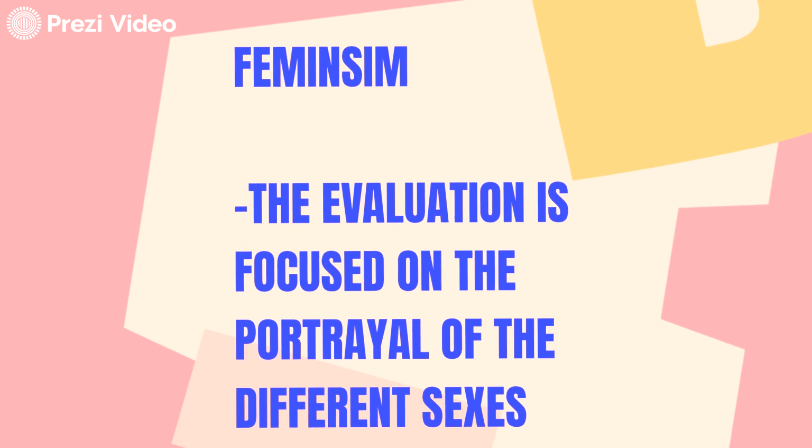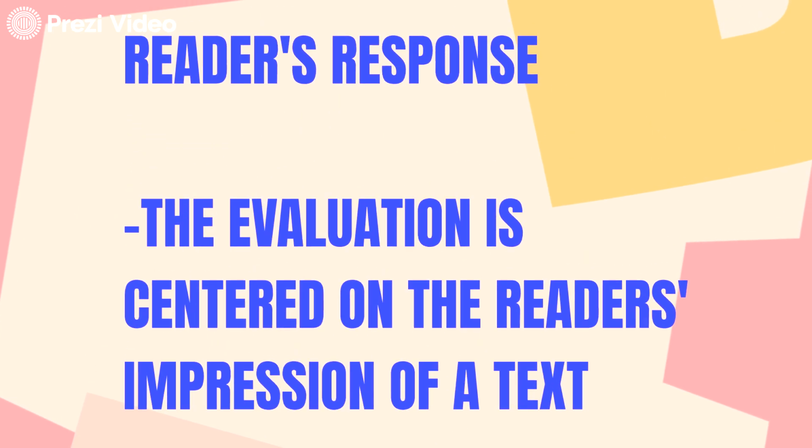Next, we have reader's response, which is focused on the reader's impression of a text, and also putting into consideration some extraneous factors such as the experiences of the characters in the story in relation to the experiences of the readers. Okay, so these things are being considered when writing a critique based on the reader's response approach.